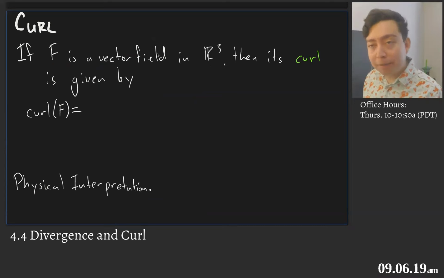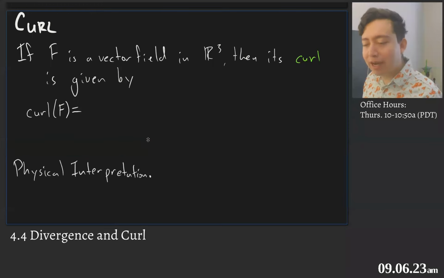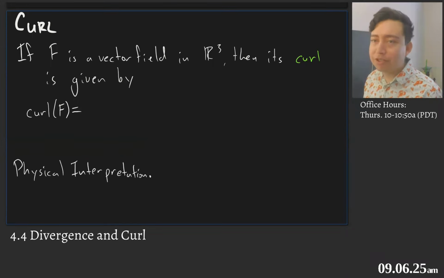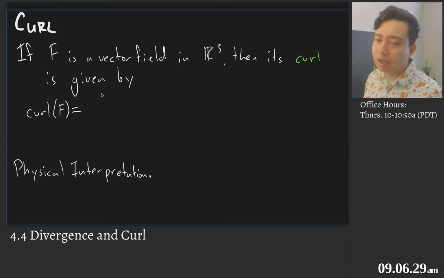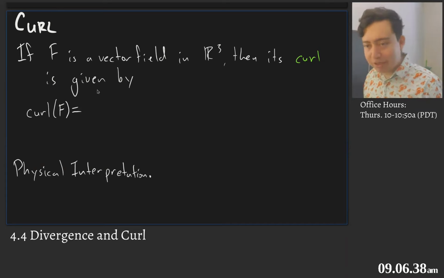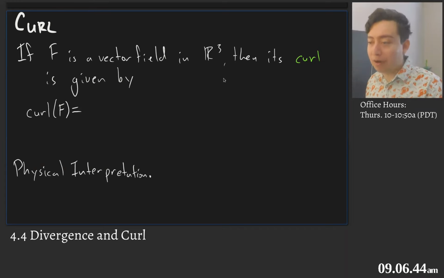We'll talk a little bit about some tricks to get something kind of like the curl in 2 dimensions, but really the curl itself has to be in 3 dimensions. The reason is that the definition of the curl is given by a cross product, and we saw that cross products have to be in 3 dimensions.